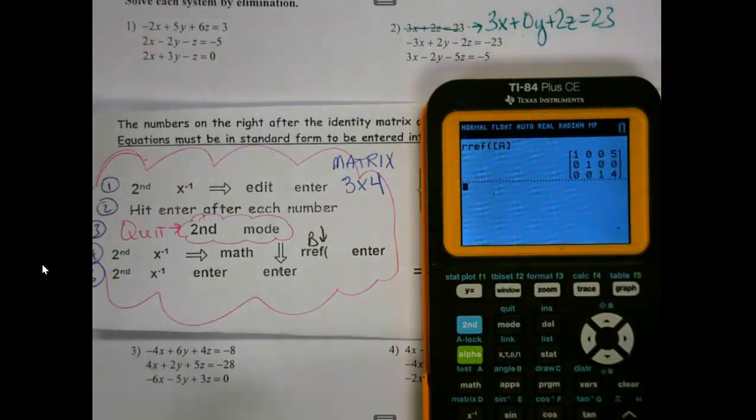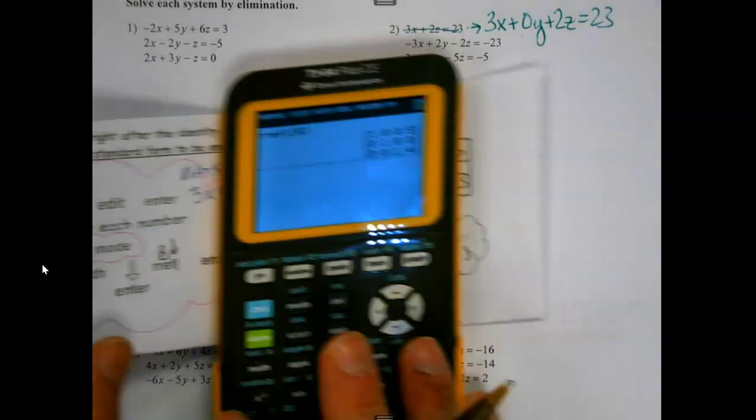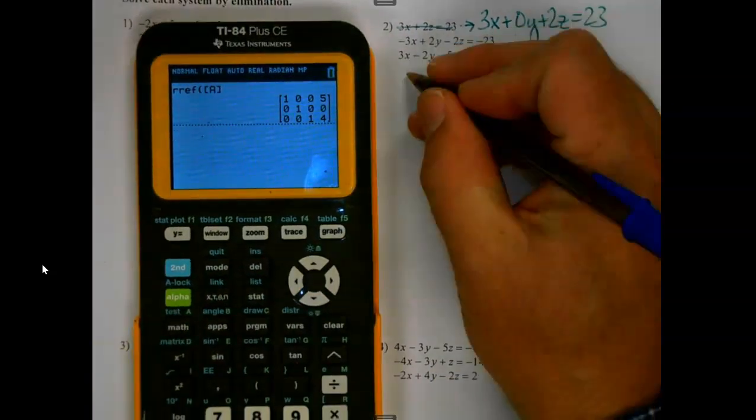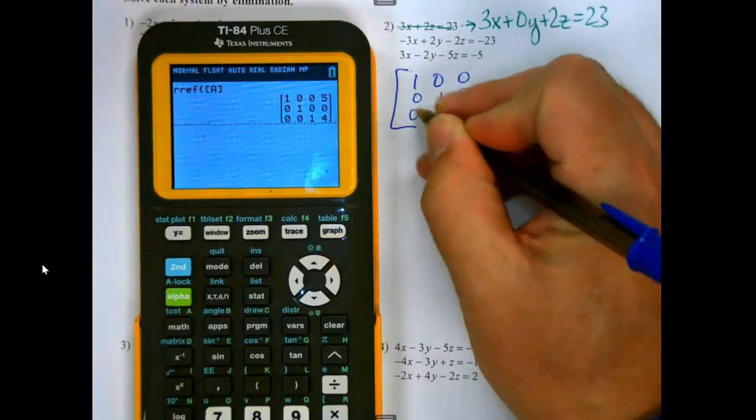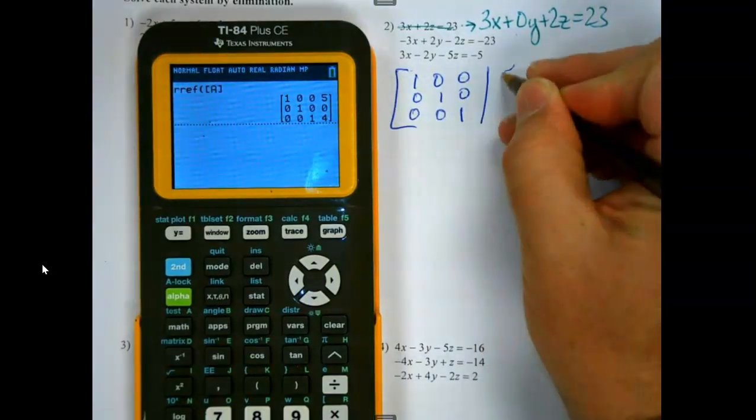And so when this matrix shows up, I'm just going to copy it down here. We're going to simplify a little bit from what we said yesterday.